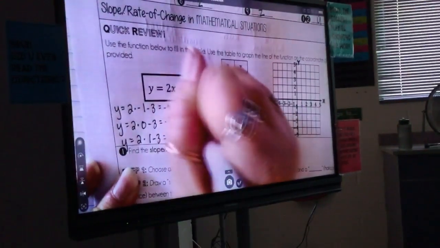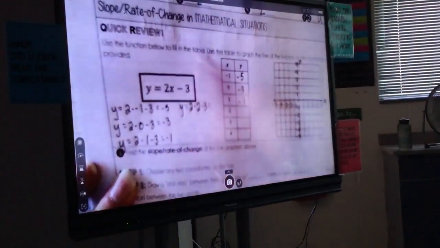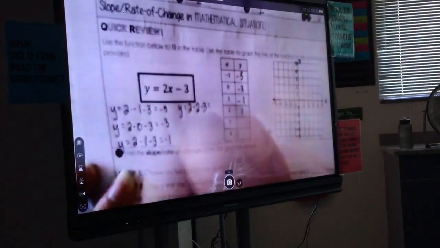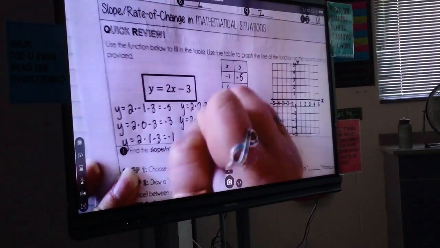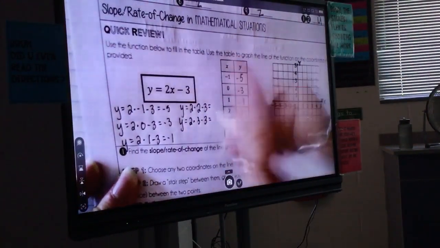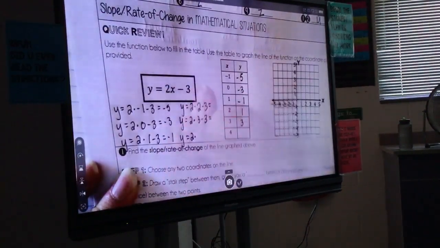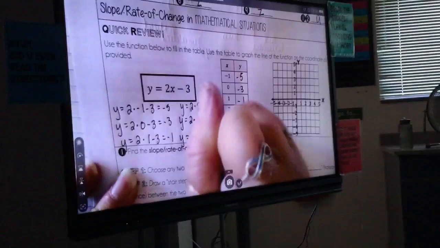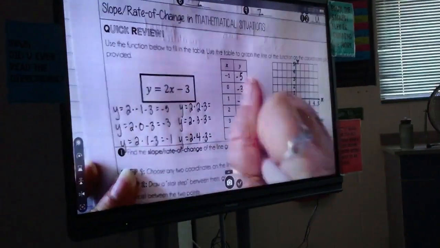Y equals 2 times 2 minus 3. Nevaeh: 1. Next one. Y equals 2 times 3 minus 3. Soraya: 3. And the last one. Y equals 2 times 4 minus 3. Raiden: 5. Okay?